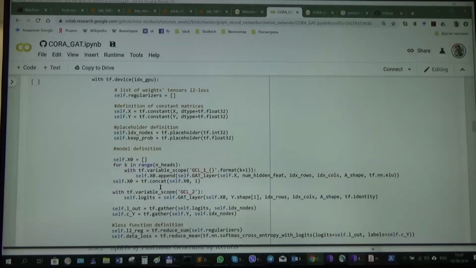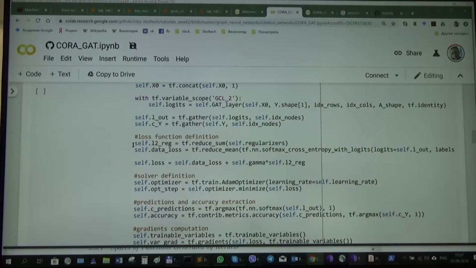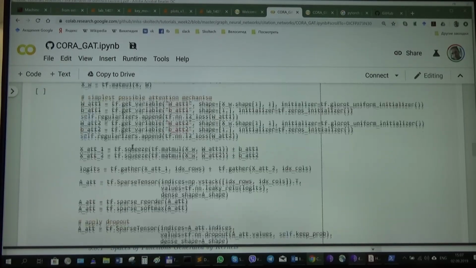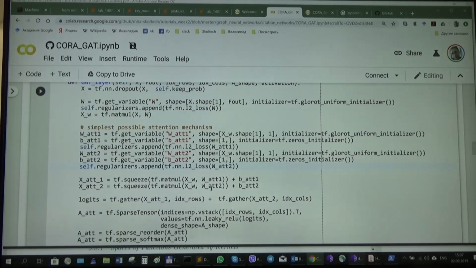So yeah, the GAT neural network has a lot of the same boilerplate that I've been talking about. But here we have just defining the attention layer, which is also going to be a sparse matrix because we need to multiply the Laplacian with the attention mask.